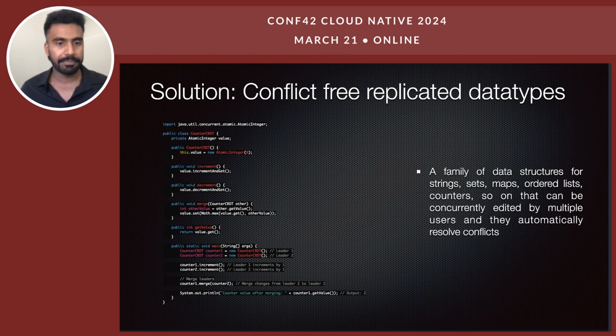Imagine both are like the program, being run as a multi-threaded program in leader 1 and leader 2. Leader 1 increments the counter by 1, and leader 2 also increments the counter by 1, as you can see in the main block. After that, each one has value 1.